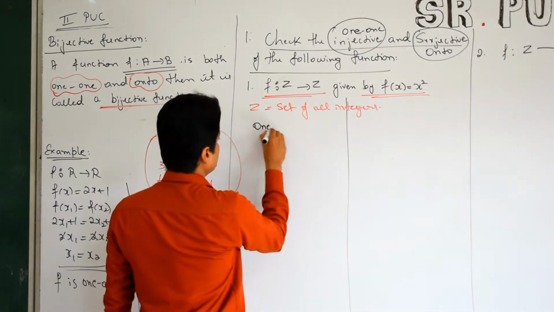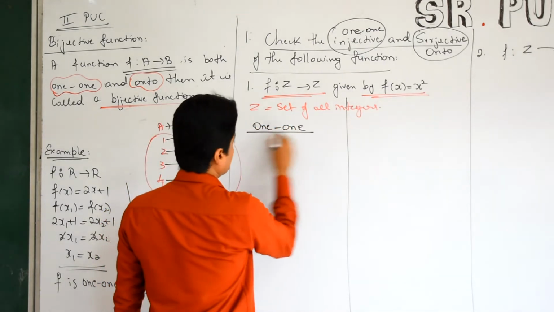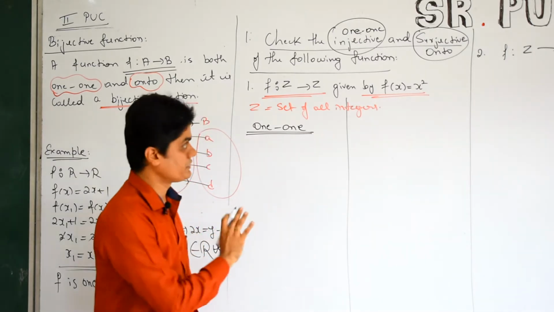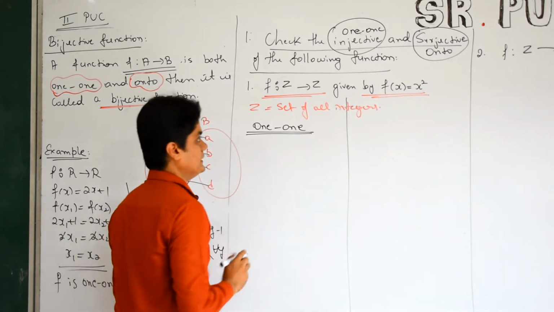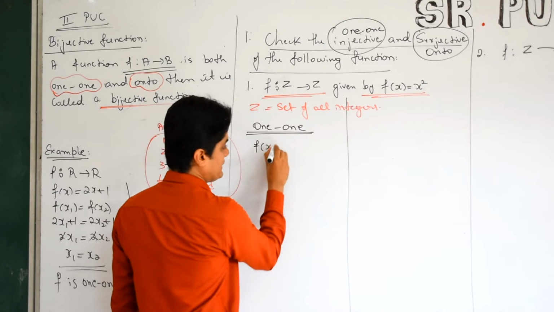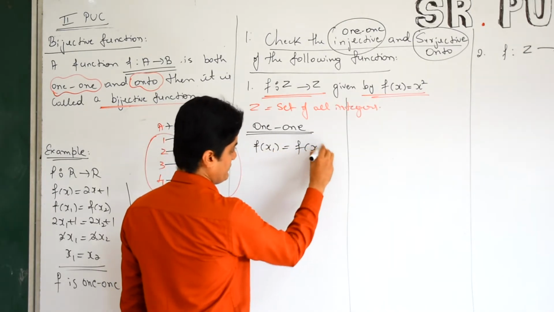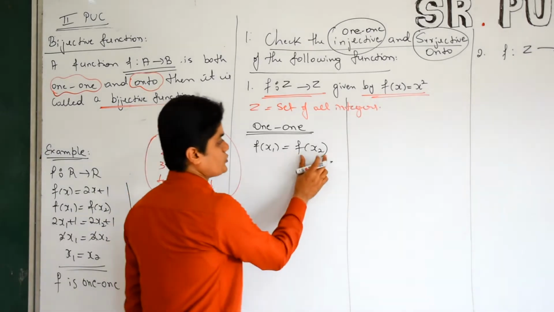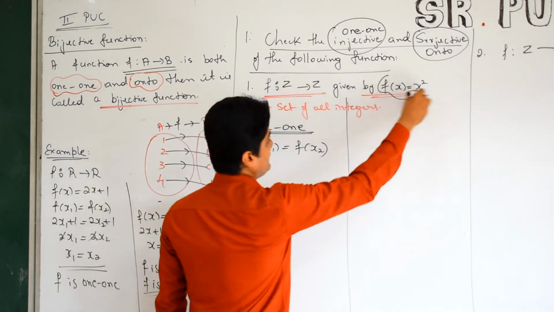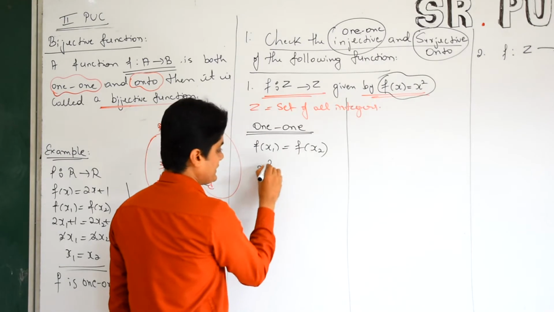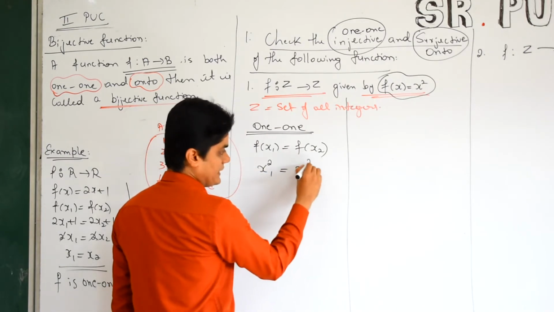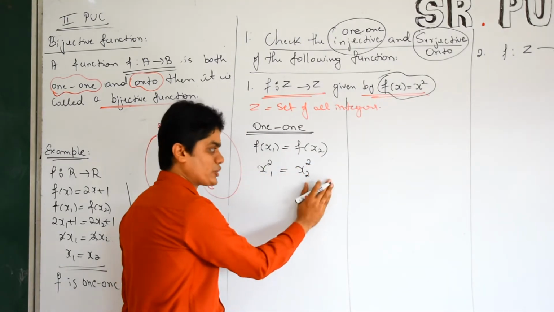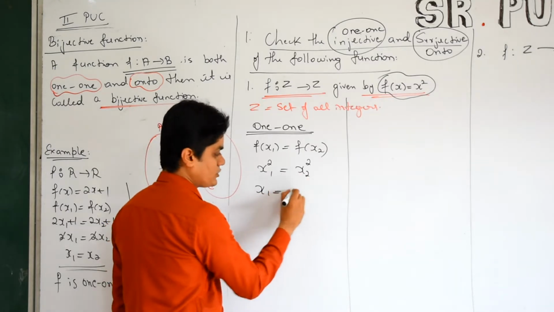There is a pattern, so follow it. First write the heading, whatever you take. How to check 1-1? If the images are the same, then you have to prove that the elements are the same. f of x1 equal to f of x2. f of x is x square, so x1 square is equal to x2 square. Take square root on both sides. x1 is equal to x2.